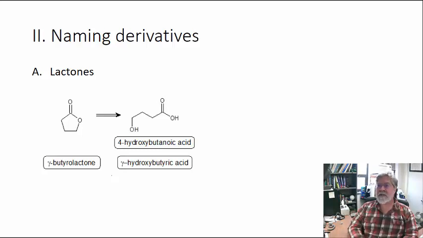Let's consider the lactone on the right, which still comes from a butyric acid, but now it's a beta hydroxybutyric acid, right? The hydroxy group is on the beta carbon. And so when that ring closes, it forms a 4-membered ring, as you can see in the lactone.